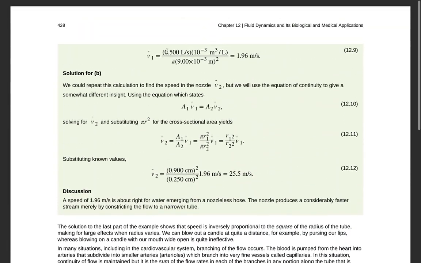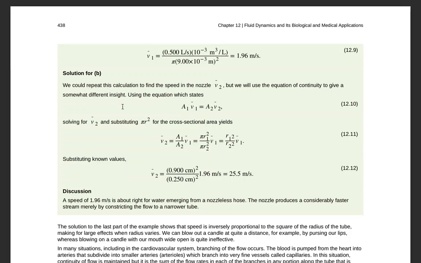So here we have 0.5 liters per second, which is the flow rate, times the conversion, over pi r squared. The r here is the 0.9 centimeters, and this gives us 1.96 meters per second for the first one. For the second one, we could repeat this calculation to find the speed v2, but we will use the equation of continuity to give a somewhat different insight.